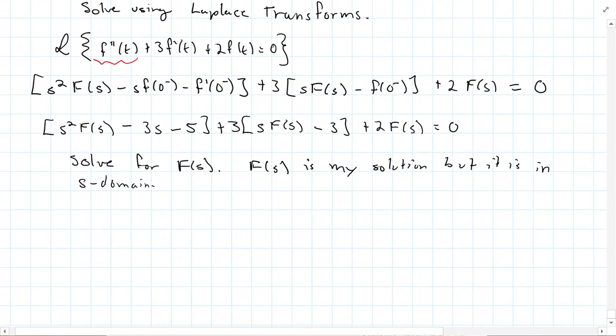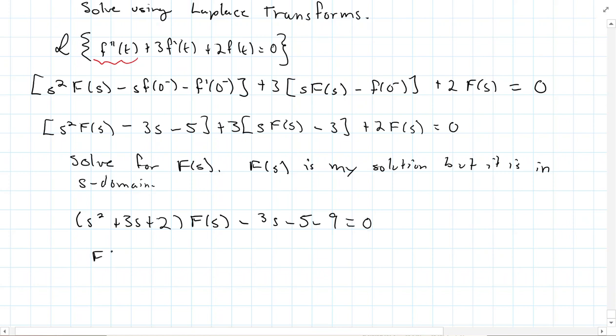So if I'm careful here solving this, I would wind up with s squared plus 3s plus 2 times capital F at s, and then I'll write one more time here, minus 3s minus 5, and being careful, 3 times 3, that'd be minus 9, equals 0.